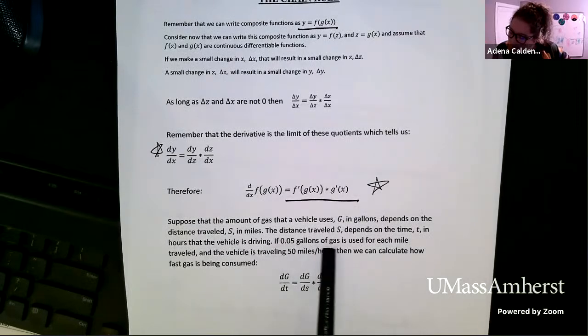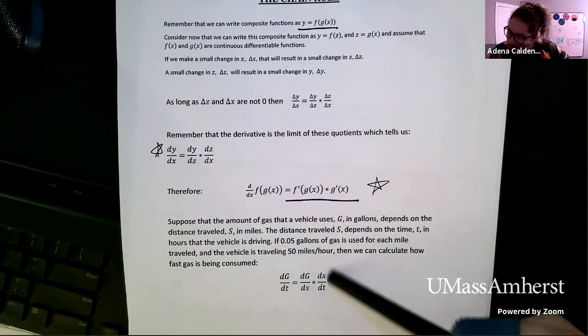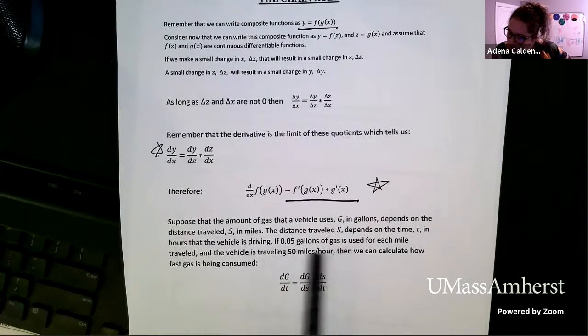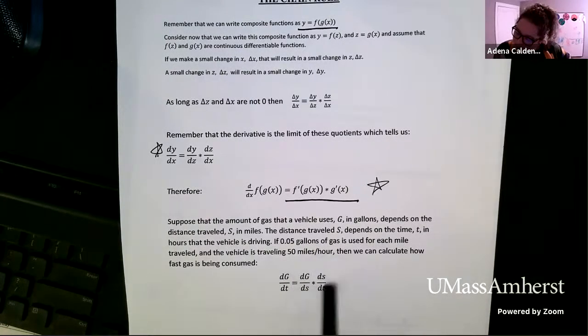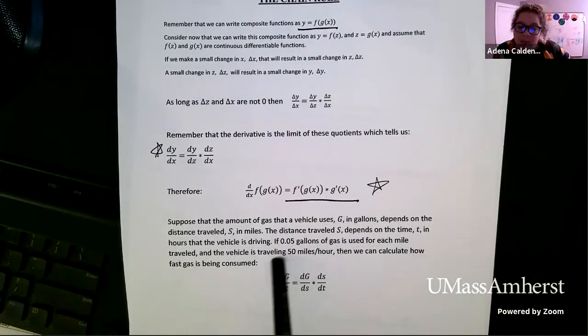So 0.05 gallons per mile times how quickly the mileage is changing, the position, so miles per hour. By multiplying these two rates together, the 0.05 and the 50, that's going to tell us how quickly the gas is changing.